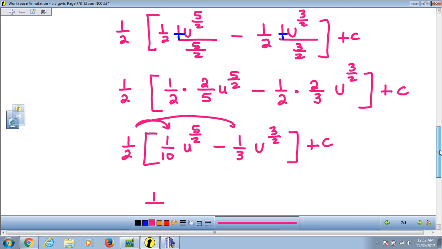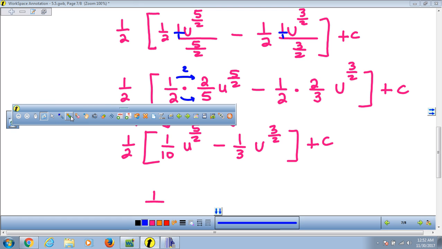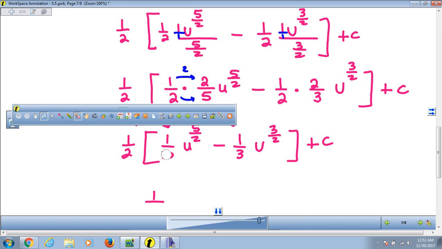I made a mistake here. When I multiply this 2, this was supposed to give me a 2. When I multiply this 2, it was supposed to give me a 10. So if you simplify 2 over 10, it simplifies to 1 over 5, right? So this should have been a 5 right here.